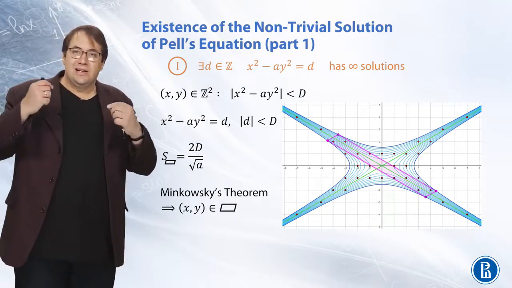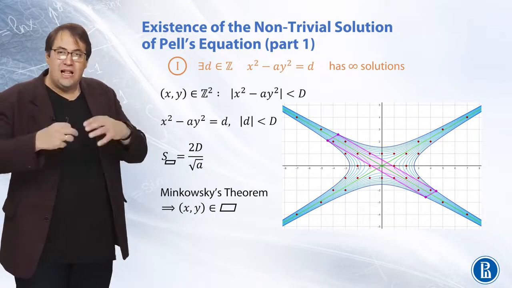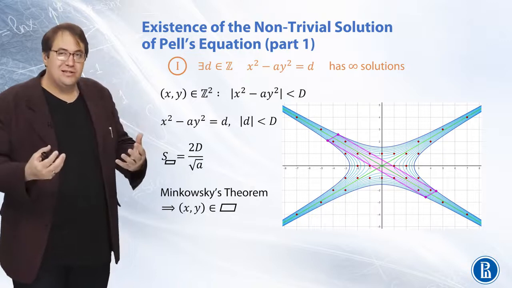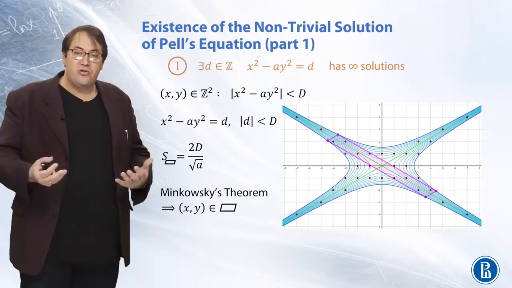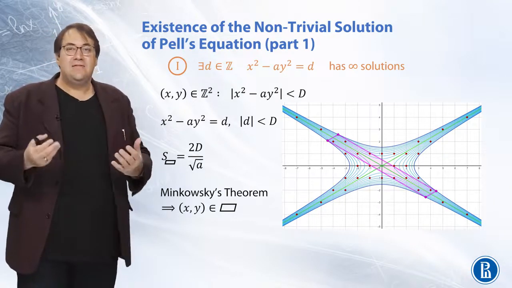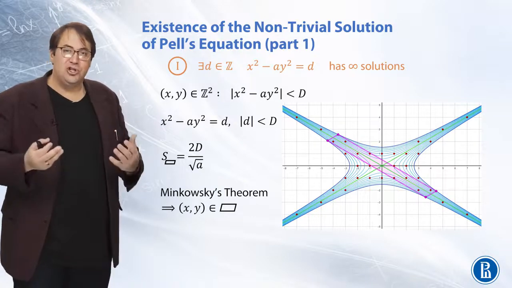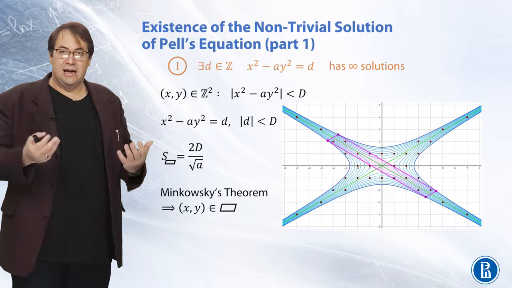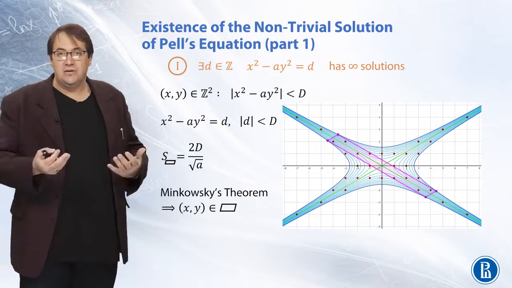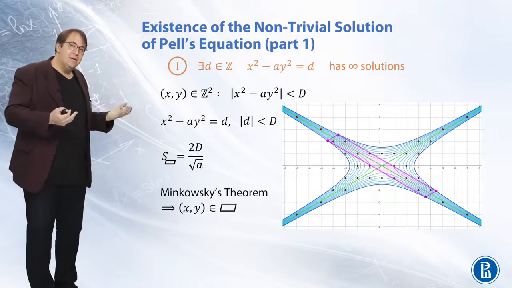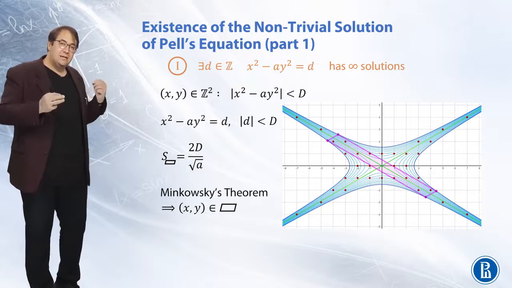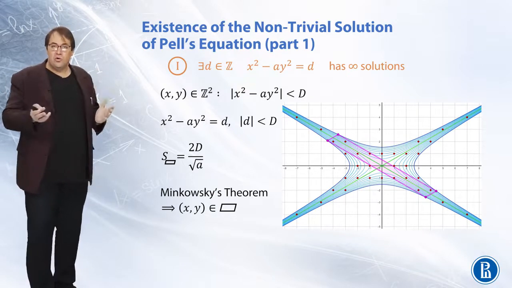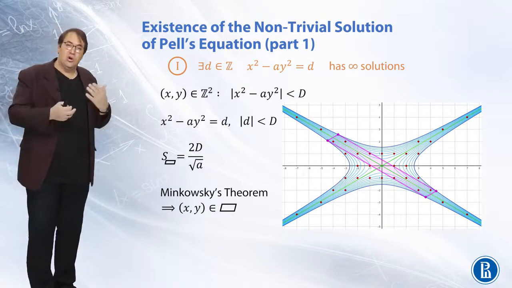So taking new parallelograms will give us new integer points. Therefore, there are indeed infinitely many integer points in this region if D is large enough. By large enough, I mean that the area of the parallelogram should be greater than 4 in order to use the Minkowski theorem.